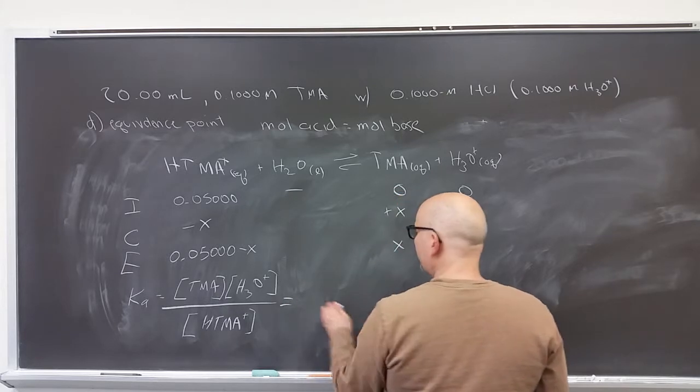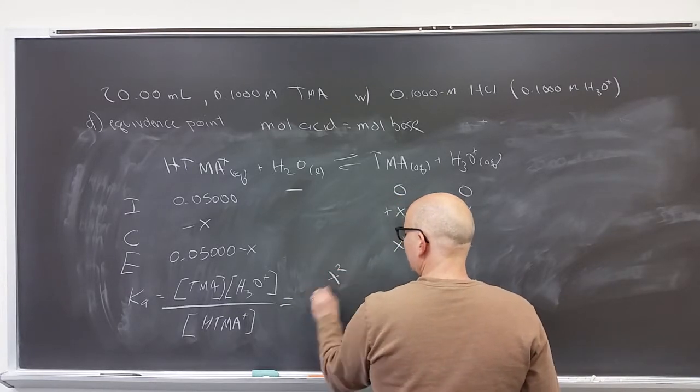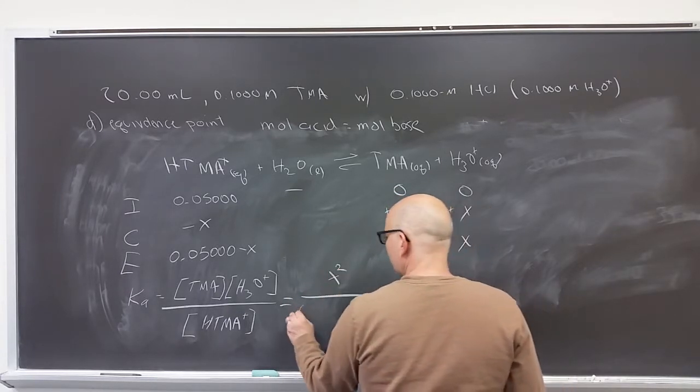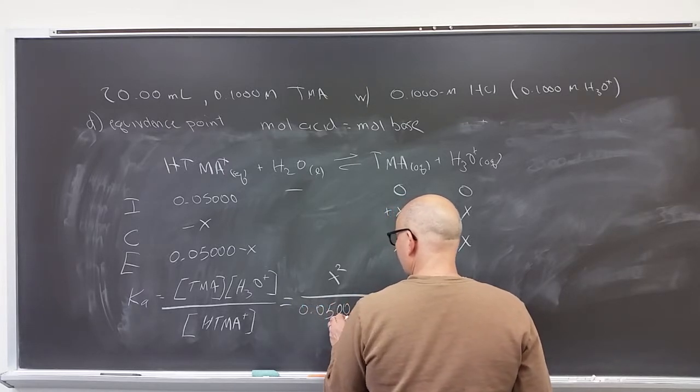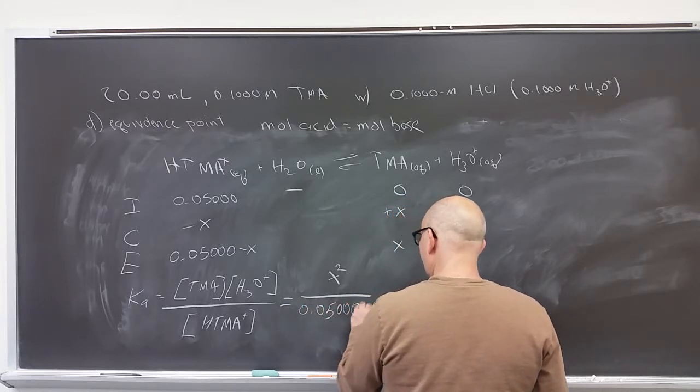Symbolically, this is x squared over 0.05 minus x.